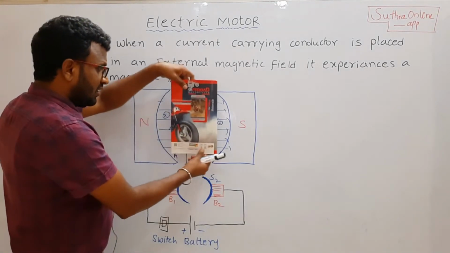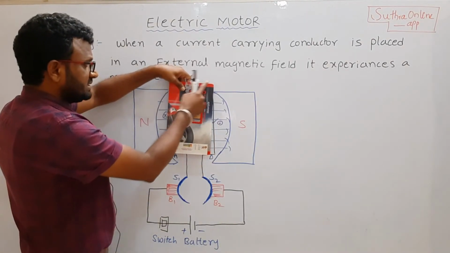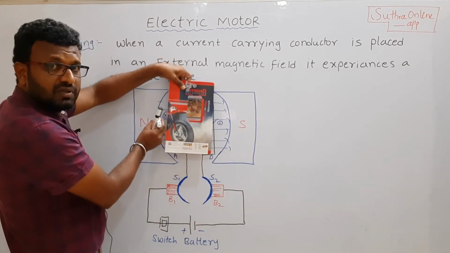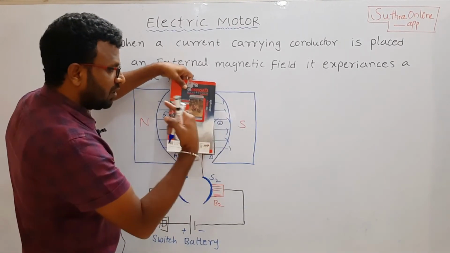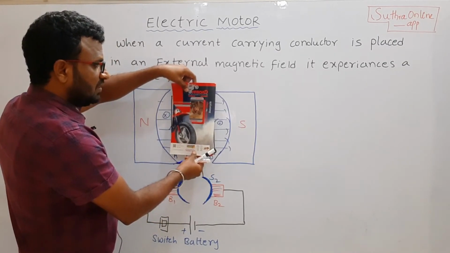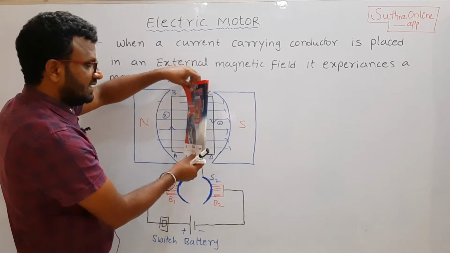This is the rectangular coil A, B, C, D. Here the force acts in the downward direction, into the page. Here the force acts in the upward direction. That means this rectangular coil rotates from 0 to 90 degrees.